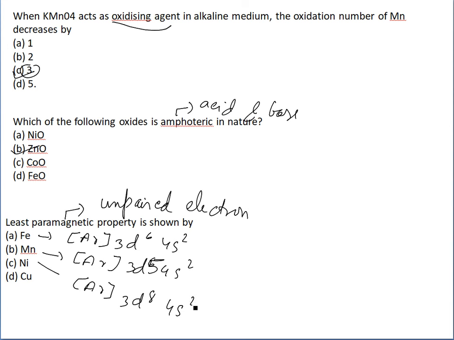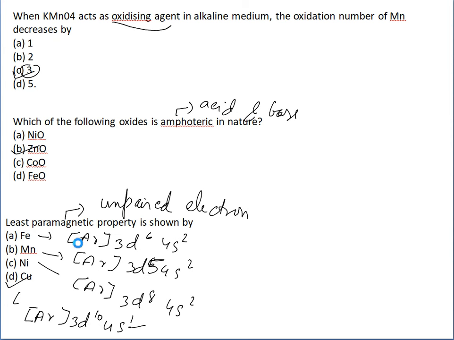Okay, and for the copper, the electron configuration is argon, 3d10 and 4s1. So the unpaired electron is 1. So least unpaired electrons and least paramagnetic property it will show. So copper is the correct answer.